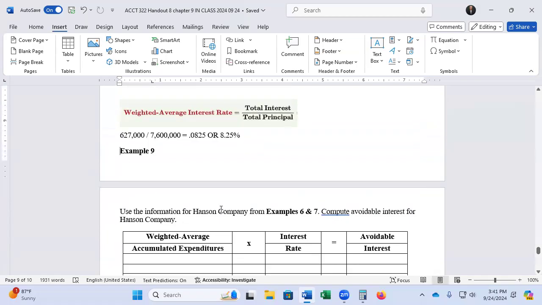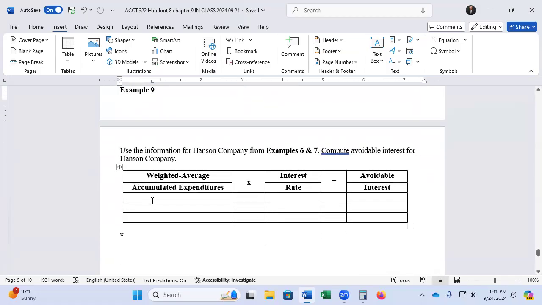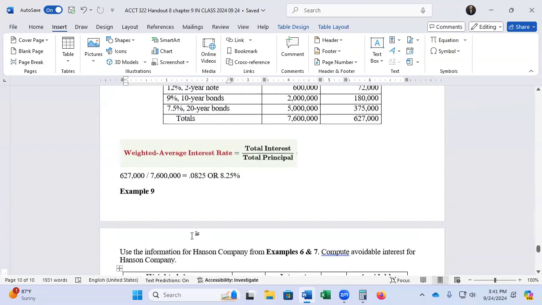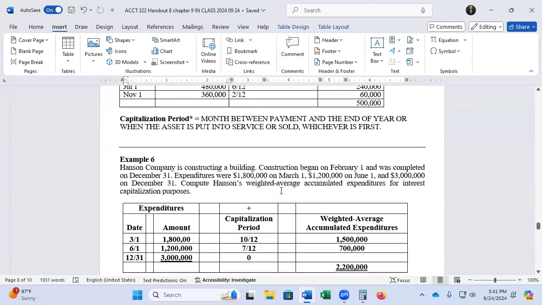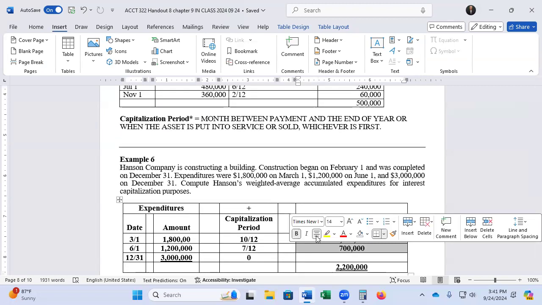Okay. So now use the information from Hansen Company, example 6 and 7, compute avoidable interest for the Hansen Company. So we had weighted average accumulated expenditure. So we're going back to example 6 here. And we're looking at what are my weighted average accumulated expenditures.